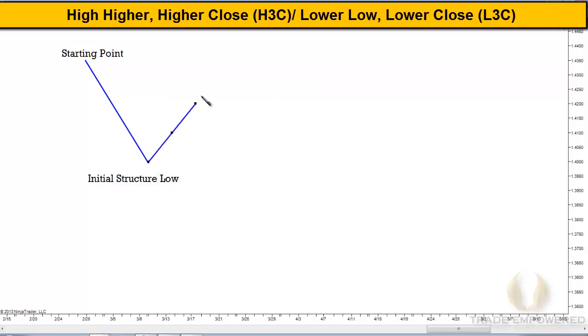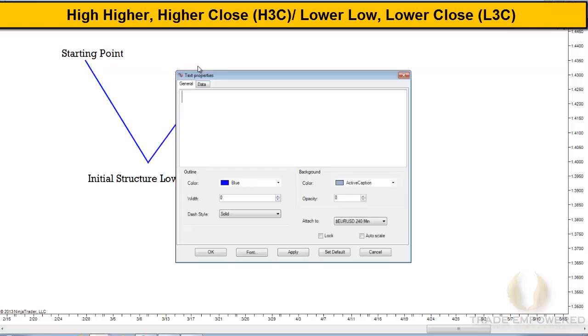We then get our outside return. Now remember, this time our outside return is going to retrace upwards. And as long as we don't push past the starting point, so we don't get a higher high, higher close past this starting point, then this is a valid outside return.